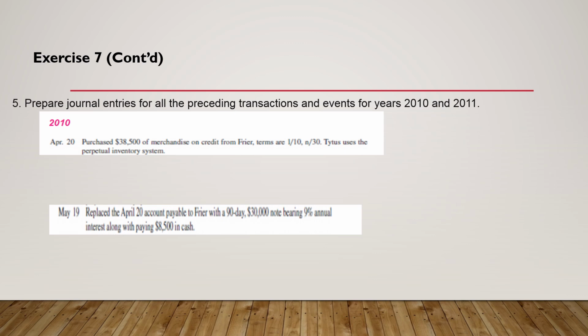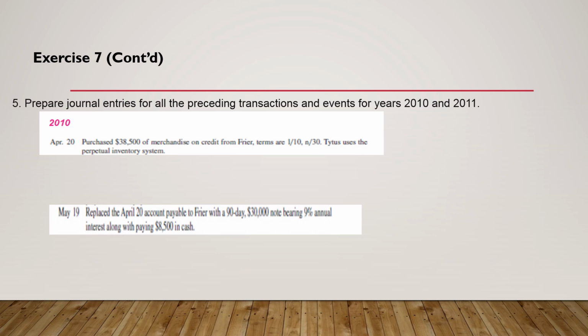What does this credit term mean? It means that if I pay the $38,500 within 10 days, I will take a 1% discount. Else, the net amount is going to be paid by the 30th day, which is the grace period, as we previously said in the last semester.